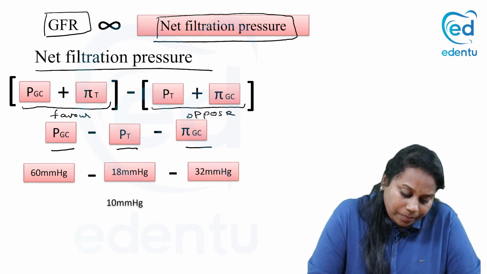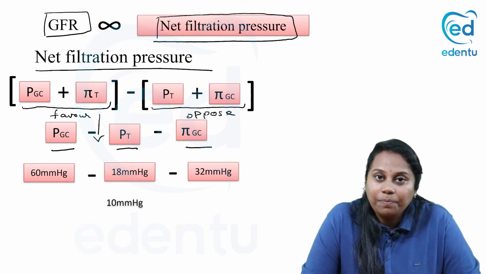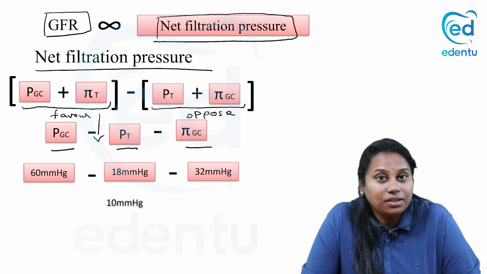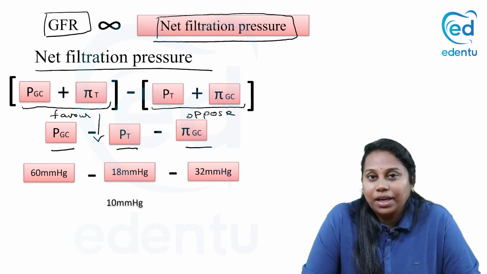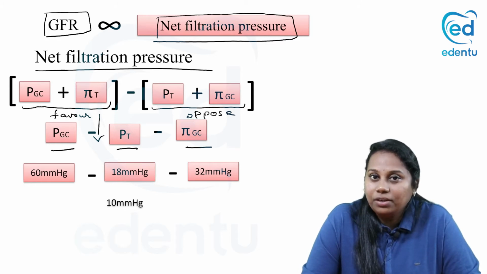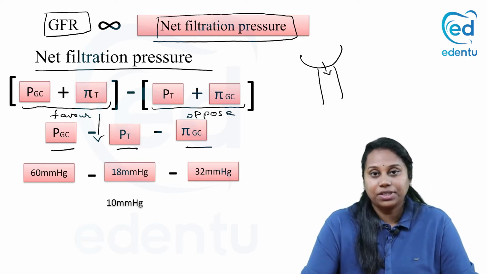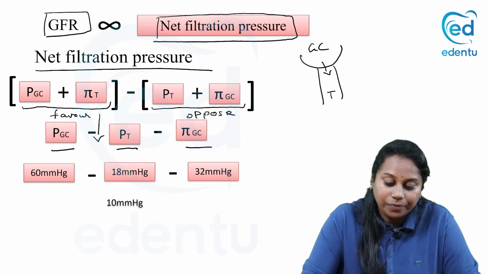Did you notice that we have left pi T in the next step? Why did we leave off pi T? Can you think? What is pi T? Oncotic pressure in the tubule. So will there be any oncotic pressure in the tubule normally? Oncotic pressure is contributed by your plasma proteins. So look at this. When the filtrate is coming into the tubule, this is the tubule, this is the glomerular capillary.